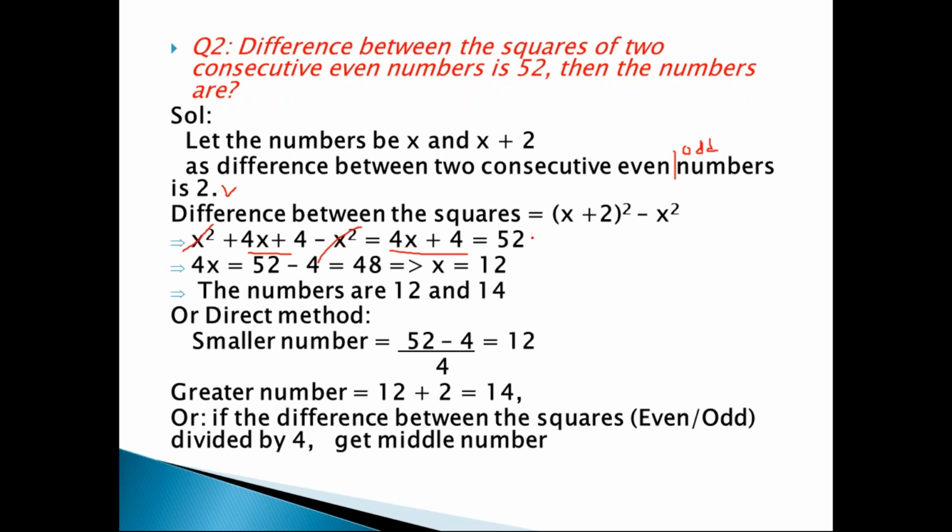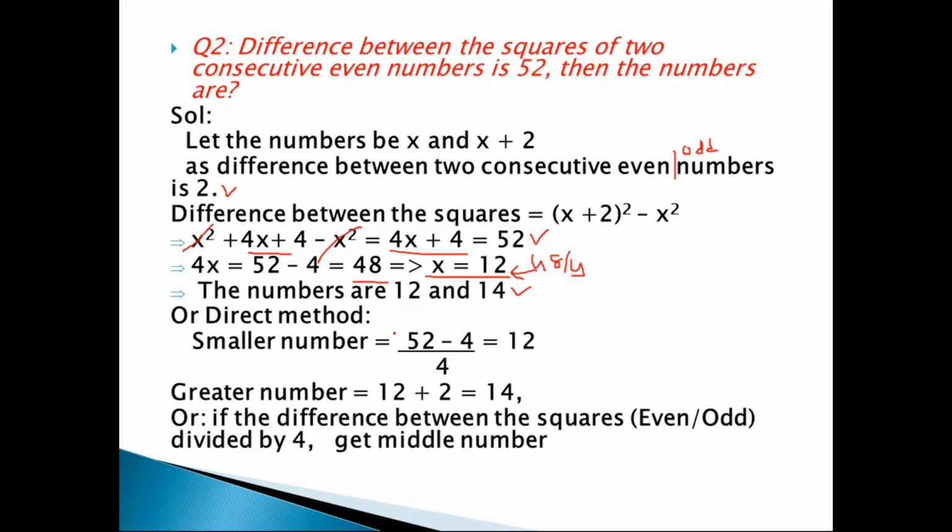4x plus 4 is equal to 52. Then 4x is equal to 52 minus 4, which gives you 48. Right? Then x is equal to 48 divided by 4, which gives you 12. Then the next number is 12 plus 2, which is 14.